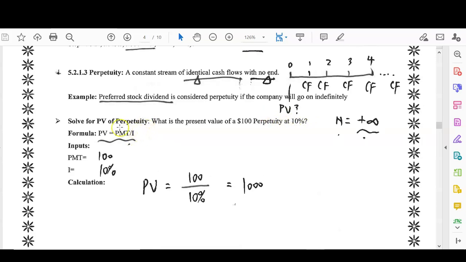First, let's look at what is perpetuity. It is a constant stream of identical cash flows with no end. Same amount of money with no end. If we receive, say, $100 at the end of each year forever, that's perpetuity.